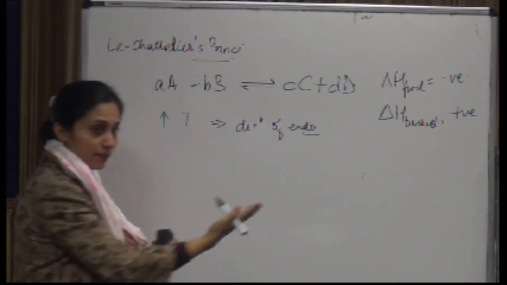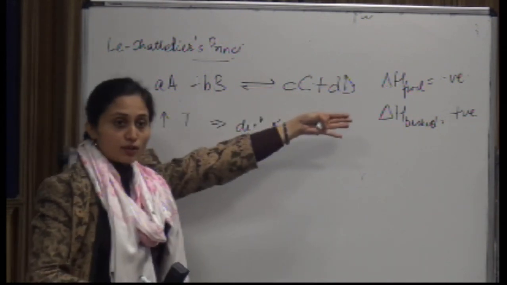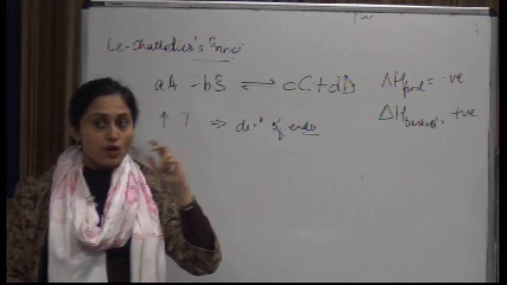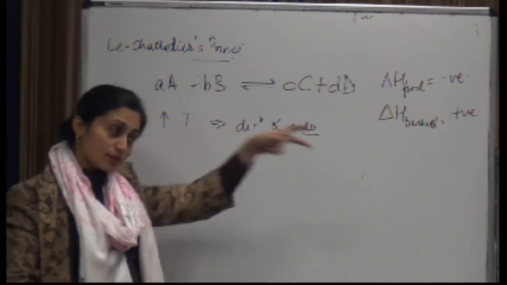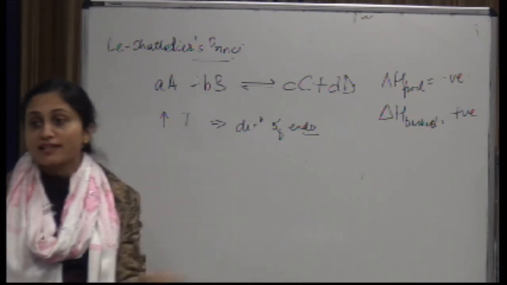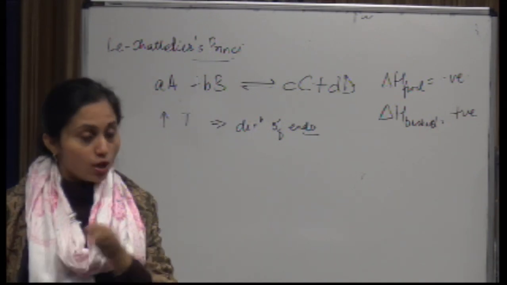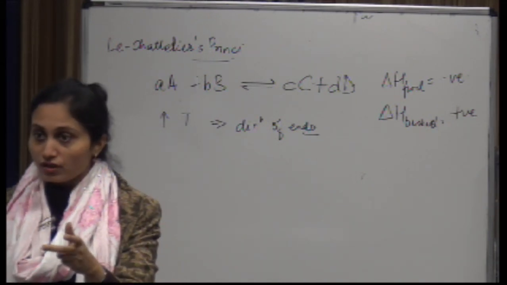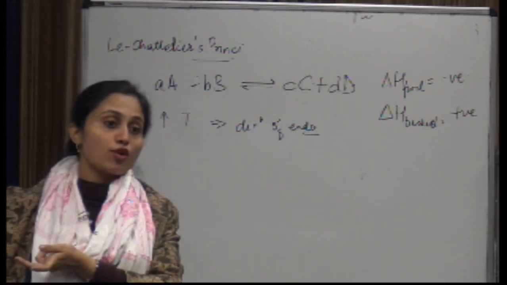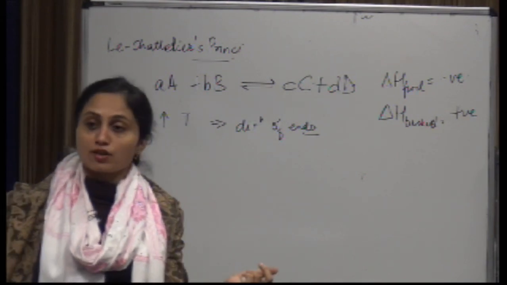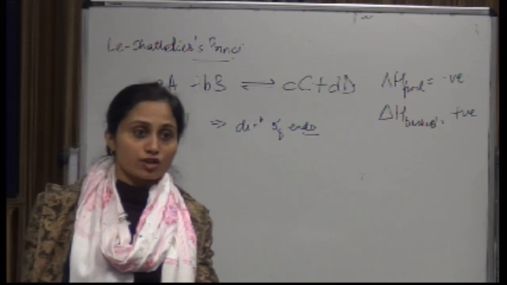Maybe forward reaction, अगर यहाँ पे endothermic होती तो you would have said the reaction will be forward. So for temperature it is not particular whether it will be forward or backward, so you cannot generalize it. You have to look which side is exo and which side is endo. When you increase the temperature, the reaction will proceed in the direction of endothermic, and when you decrease it, it will move in the direction of exothermic, because it will just do the opposite of what you're doing.